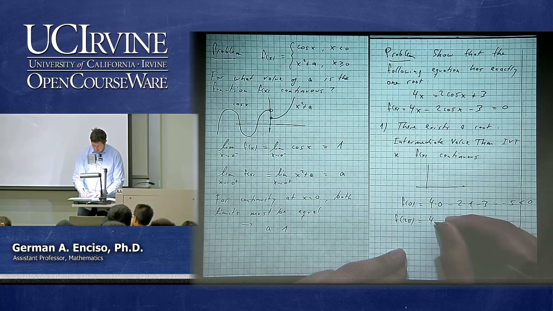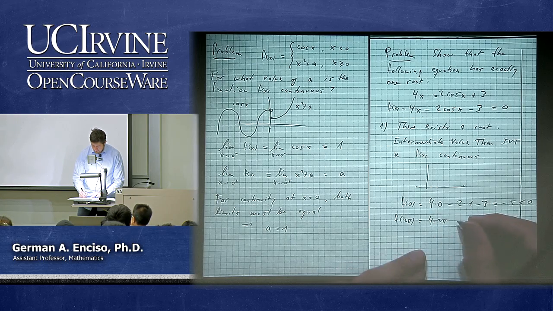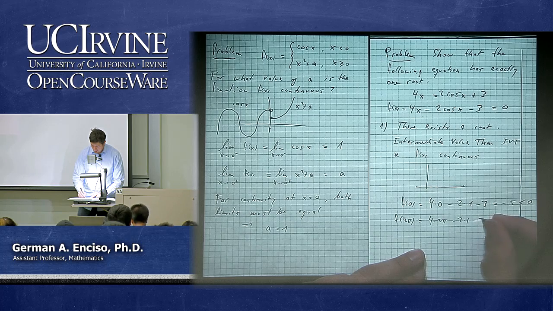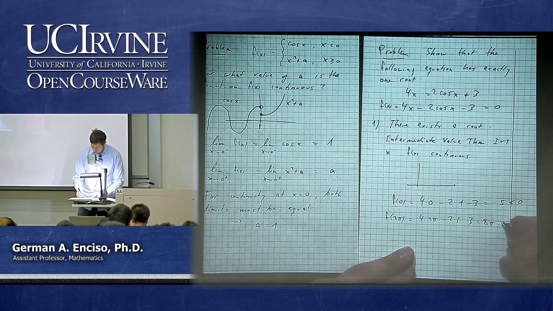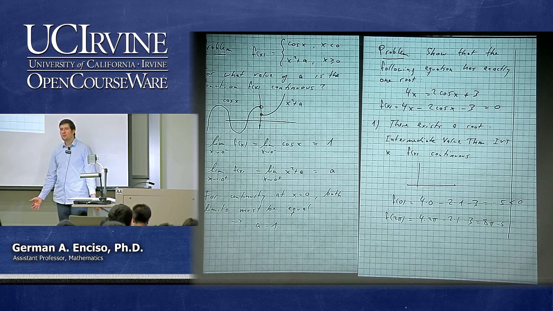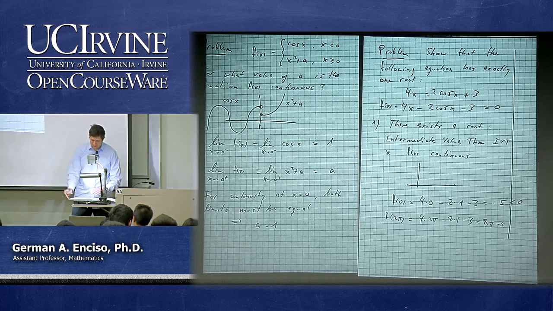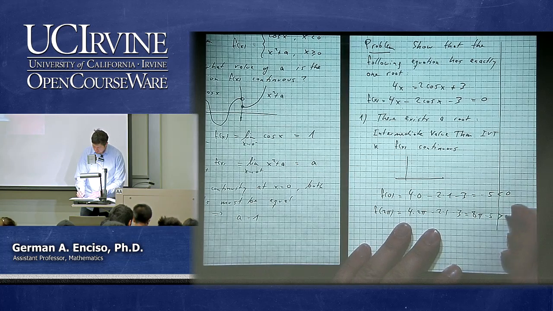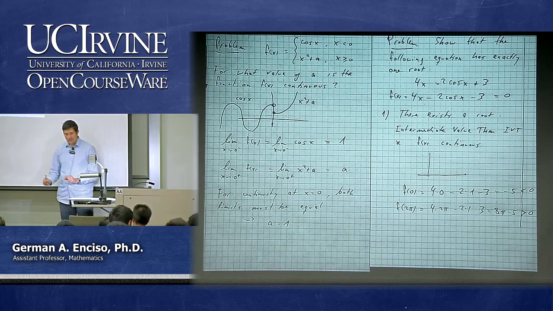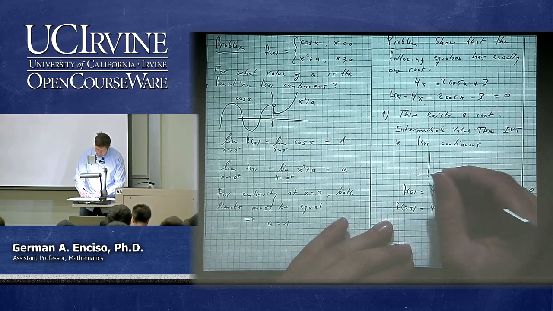So this is 4 times 2 pi minus 2 times 1 minus 3 is equal to 8 pi minus 5. I don't know exactly what that is, but I know it's positive, right? 8 pi is like 24 or more. Minus 5, gotta be positive. So positive.